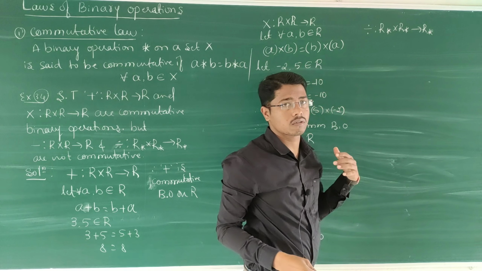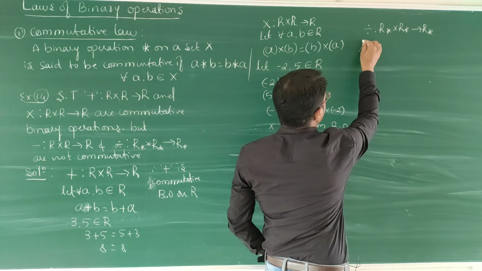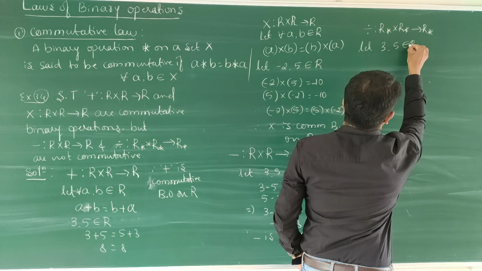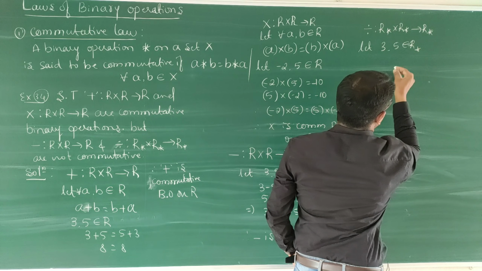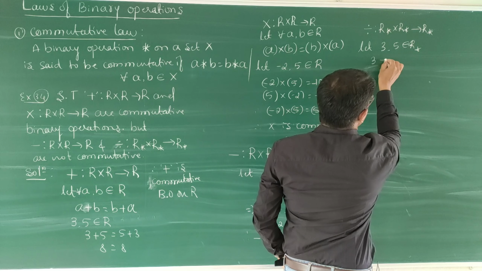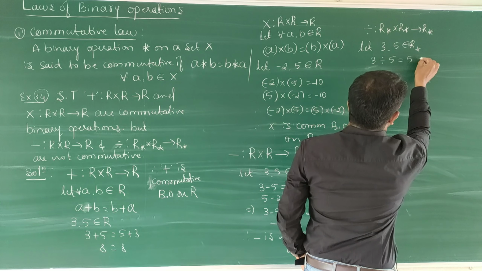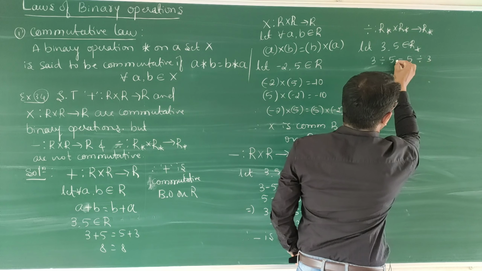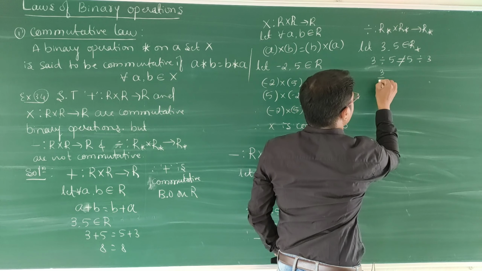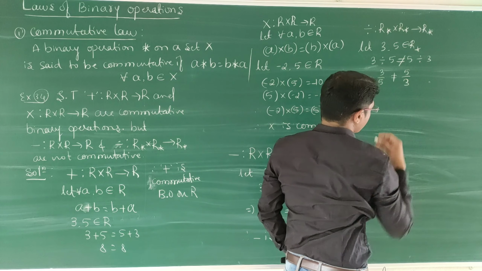They said this is also not commutative. Let 3, 5 belong to R star. 3 divided by 5 is not equal to 5 divided by 3, because 3 by 5 is not equal to 5 by 3.